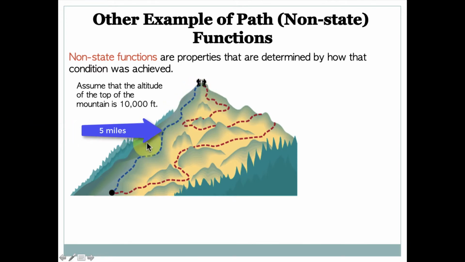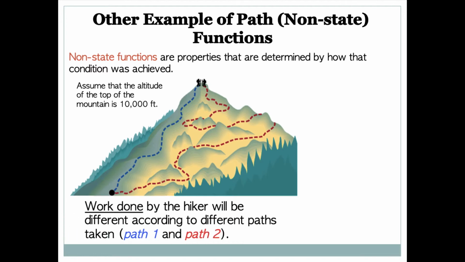For instance, let's say this path 1, the distance is 5 miles, whereas if he takes this path 2, then he should travel about 12 miles. So as you can see in this example, there are certain properties like altitude, for instance, that are not affected by the path that the hiker takes, and there are other properties, on the other hand, whose values are affected by the path that a hiker takes.